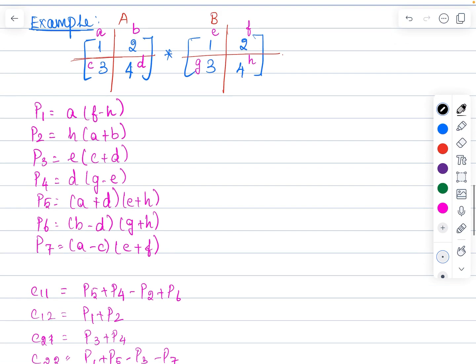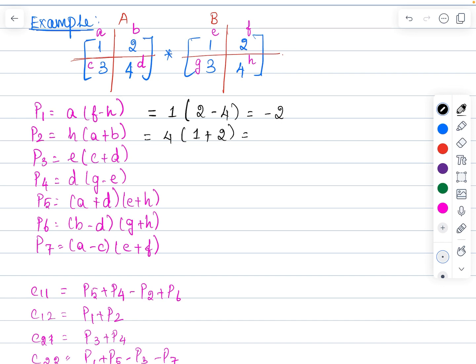Let's solve the example. The P1 formula is A into F minus H. Here the A value is 1, F value is 2 and H value is 4. So the P1 value is going to be minus 2. The P2 formula is H into A plus B. H value is 4, A value is 1 and B value is 2.